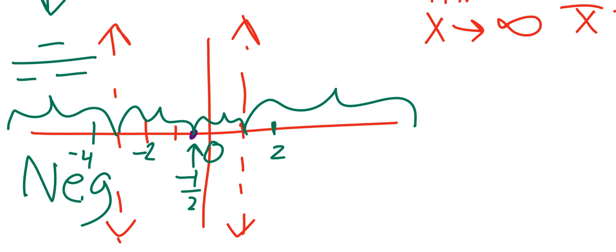Correct. You have to be able to cancel out the negatives. And if you can't, if there's one left over, then the result is negative.